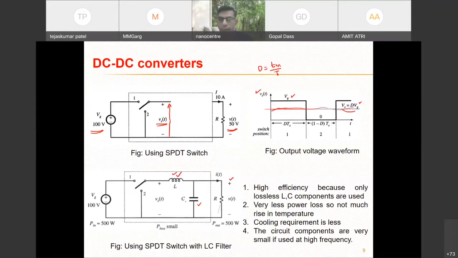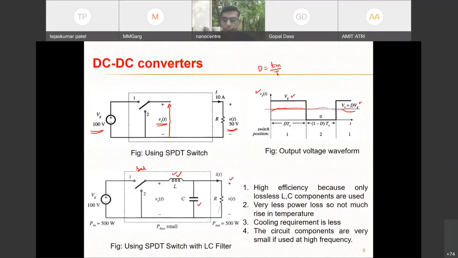If we select L and C properly, we get a waveform with very small ripple or harmonics, which is acceptable. That way the voltage across the load is DC in nature.